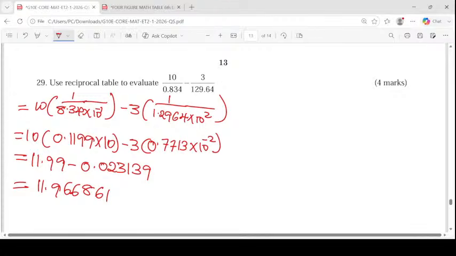So that is what was to be done in that particular question to get it correct. We are done with question number 29. Let's look at the next question.